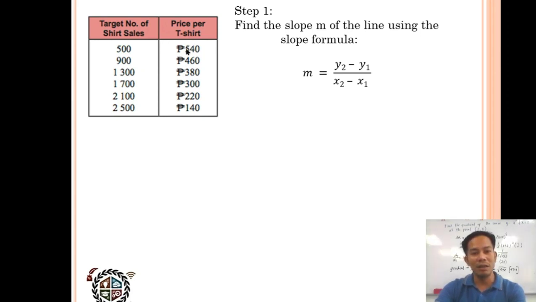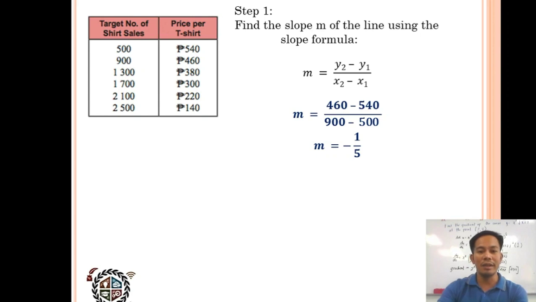So, pinili ko na yung dalawa. So, substitute ko lang yung formula. I'll get 460 minus 540 over 900 minus 500. Okay? I hope I made myself clear. So, pag kinompute mo yan, gradient mo or slope of a line is equivalent to negative 1 over 5.